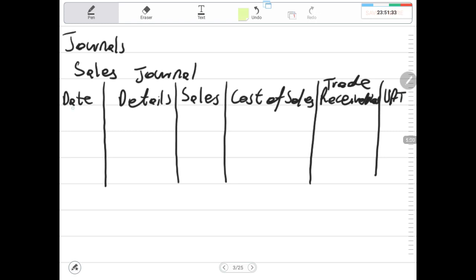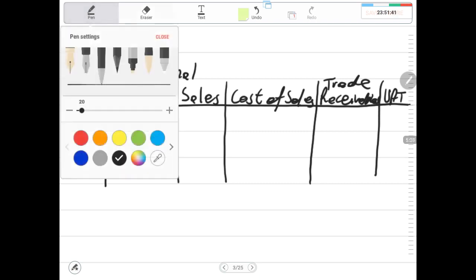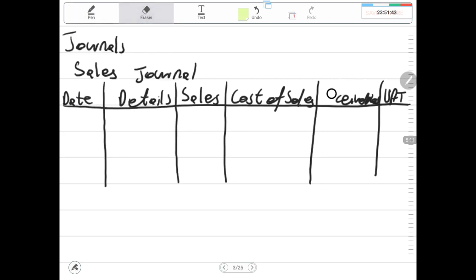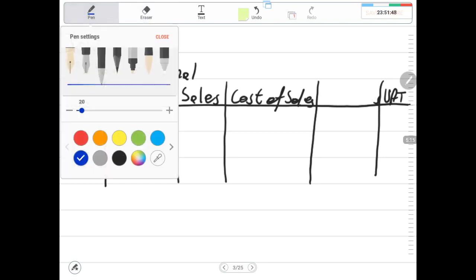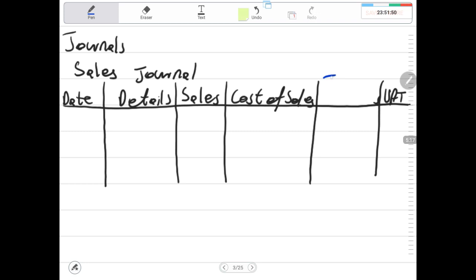I just want to show you the other columns there that are only related to what I'm doing. And I want to highlight this column, and I want to change the color for trade receivables, because this is the main column that I am focusing on. This is my main column.